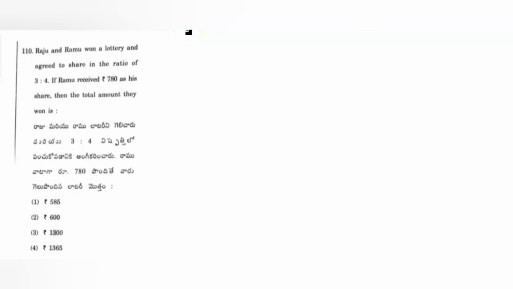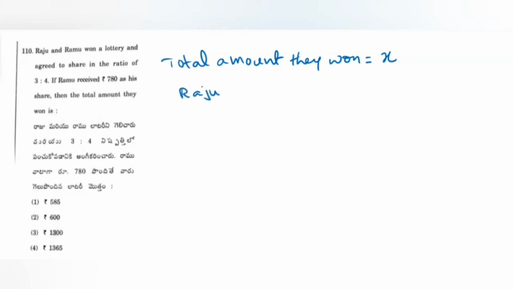Let us think the total amount they won is X rupees, for example. Now the ratio is given 3:4. What is the ratio? Raju is to Ramu.